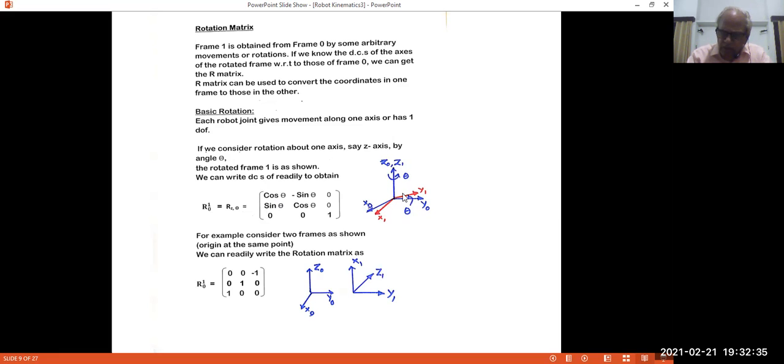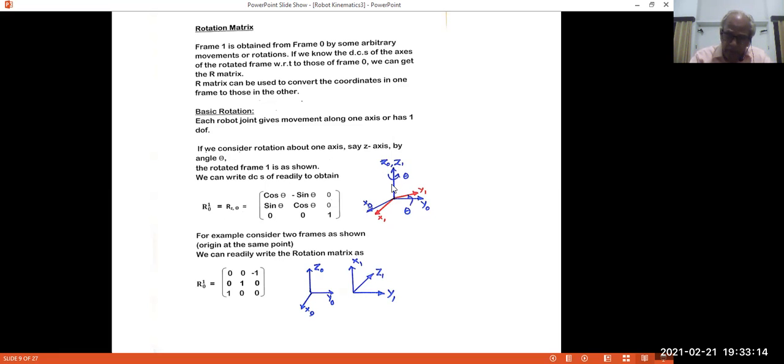The second column is the direction cosines of y1 along x0, y0, z0. y1 along x0 is cos of 90 plus theta, which is minus sin theta, and its component along y0 is only the theta part, cos theta. And along z it has no components. And the third one, z1, is purely along z0, no components along x0 and y0, so it is 0, 0, 1.